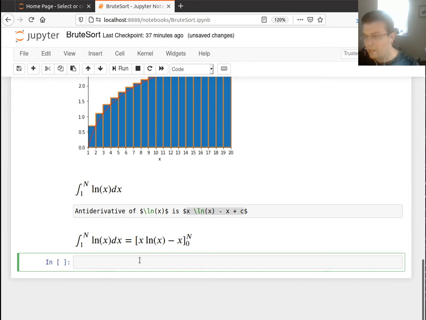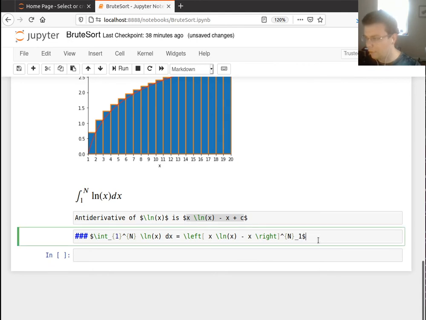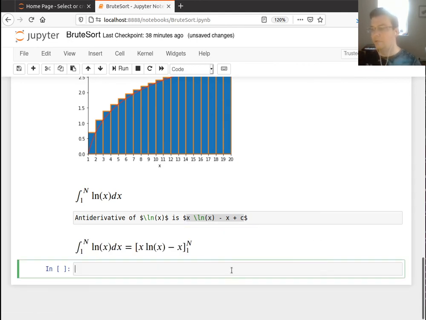Sorry, evaluated at 1. Natural log of 1 is 0. So we get n natural log of n minus n, minus the quantity 1 natural log of 1, which is 0, minus 1.